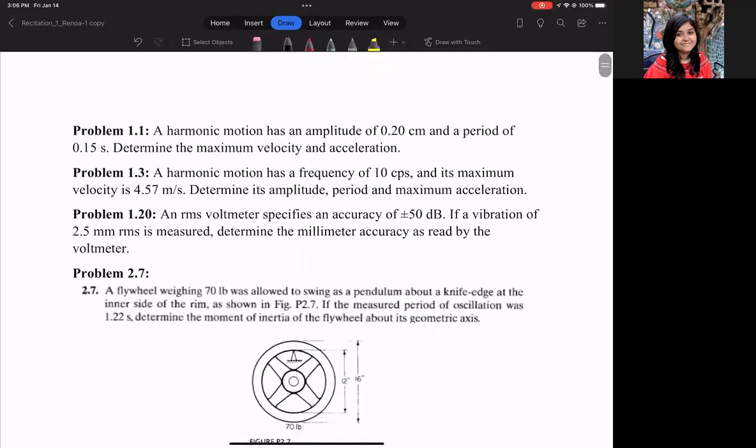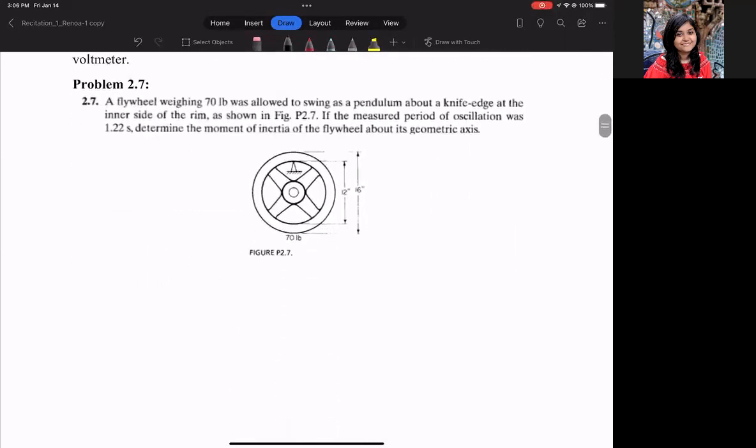The first problem we're going to do is problem 1.1. It says there is given an amplitude of 0.20 centimeter.